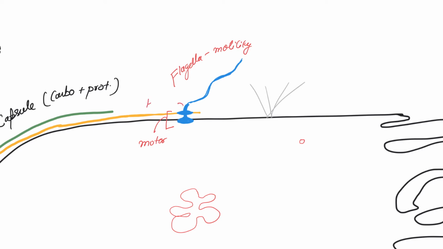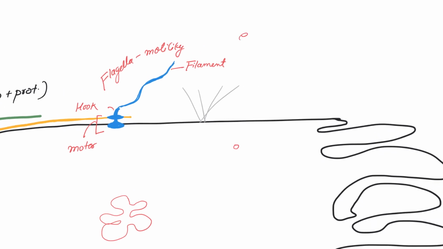Then they have something that's called a hook, and then finally something that moves, called the filament. Now there's a very key difference between eukaryotic flagella and prokaryotic flagella. A prokaryotic flagellum is without the covering of plasma membrane. Eukaryotic flagella, like in the case of human sperm, are always covered by plasma membrane.